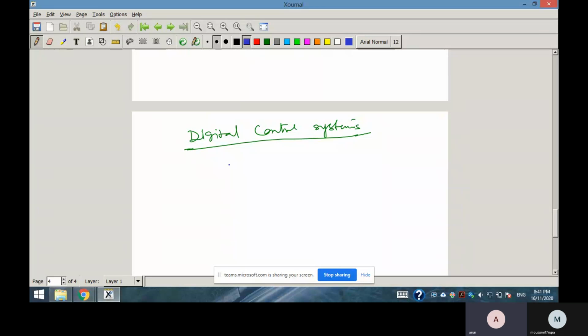That is called a sampled data system. Another possibility is a pure discrete time system, where the plant is also in discrete time and the controller is in discrete time. That is a discrete time system. Okay, so I am drawing the configuration of a sampled data control system, which is widely used.